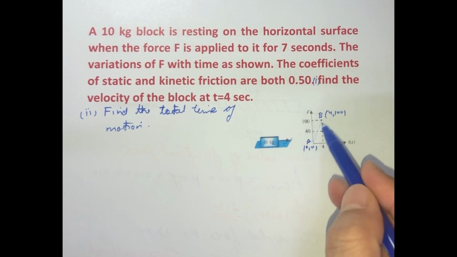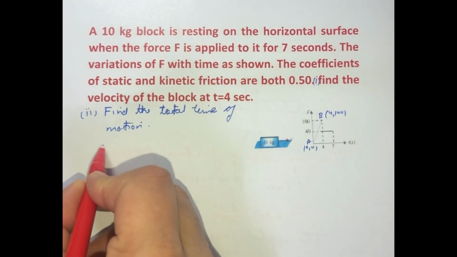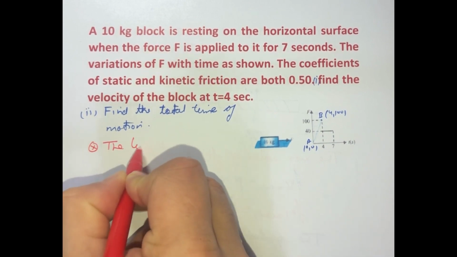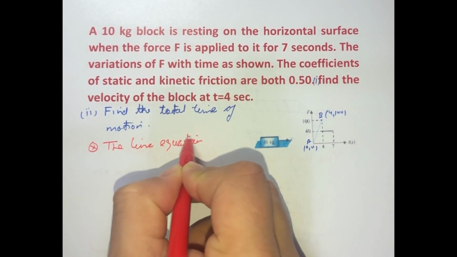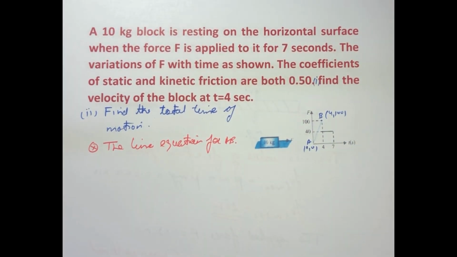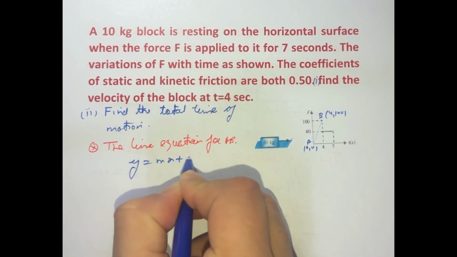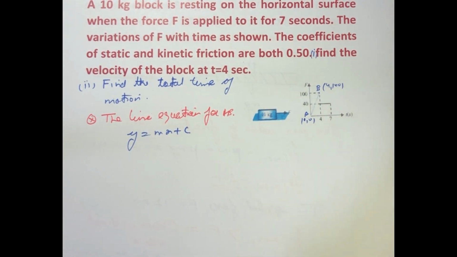So let's find the equation for the line AB, which we can write as y equals mx plus c. Here y is the force, x is the time and m is the slope.